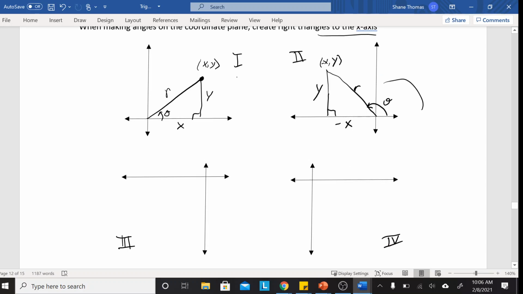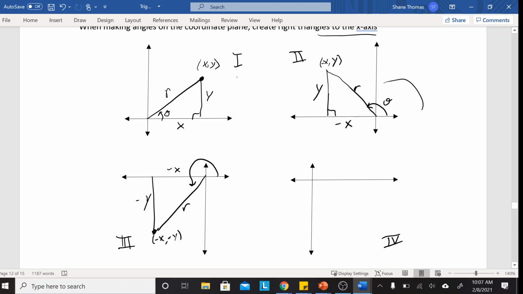Quadrant three, here's my triangle. In this case, we would have a negative x value and a negative y value to have a point here. Still have a radius, which is always positive. Here's my angle.